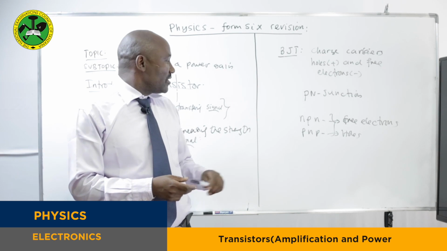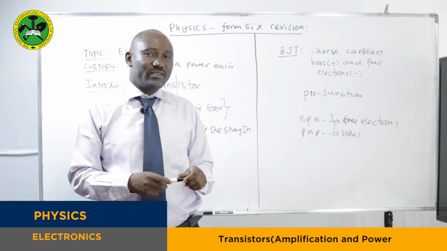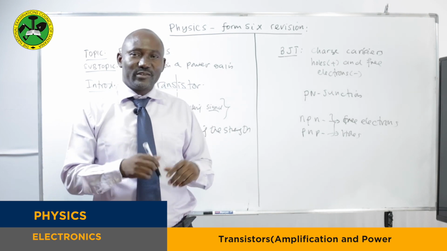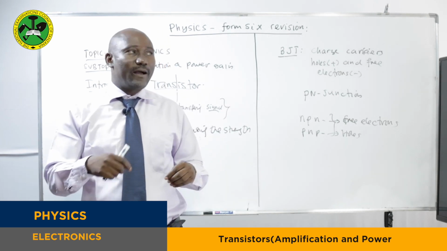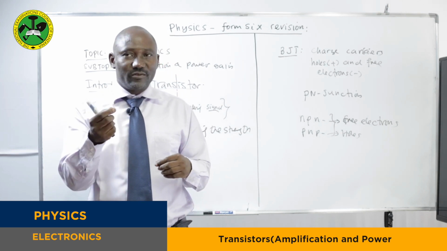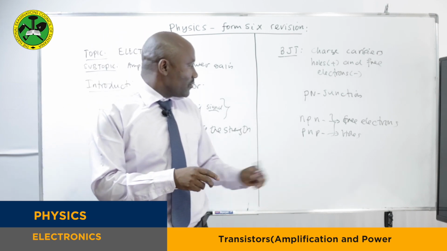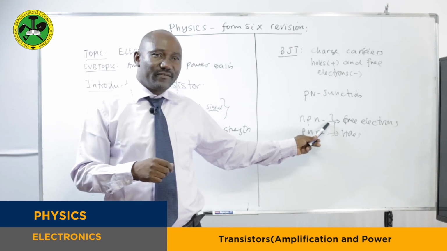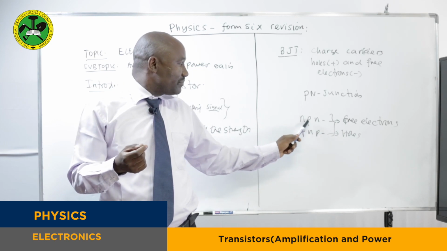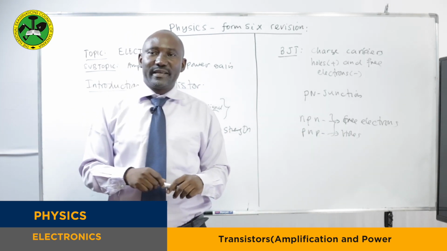But in most cases, we normally prefer the NPN transistor because it consists of free electrons. And most of the free electrons are very sensitive to electrical changes, signals. We say they have greater mobility. It means when small signals are applied to the NPN, they respond very quickly as compared to the PNP.